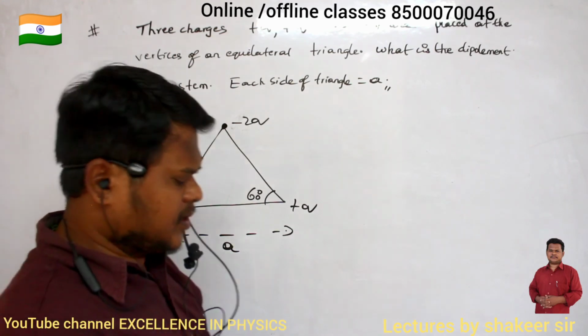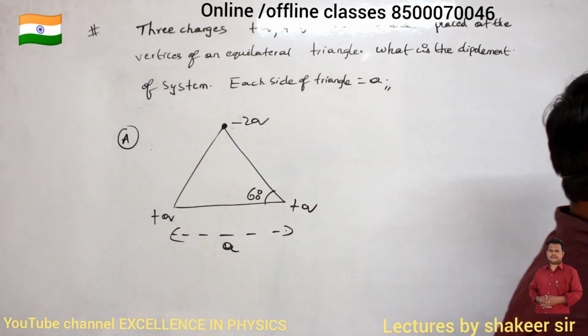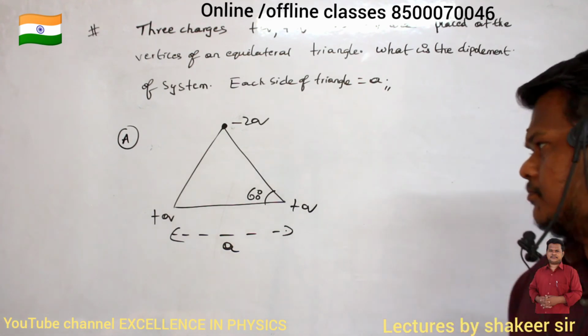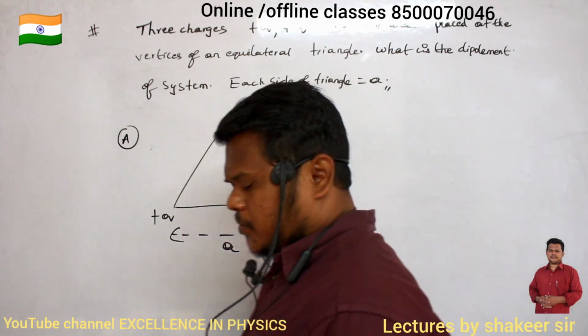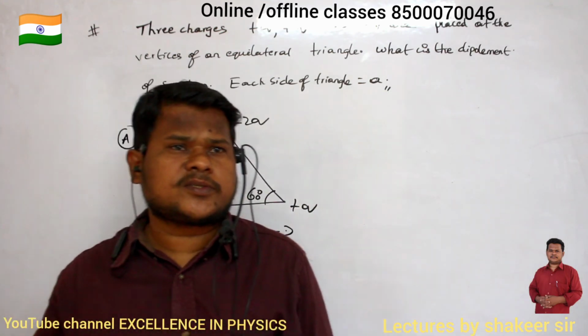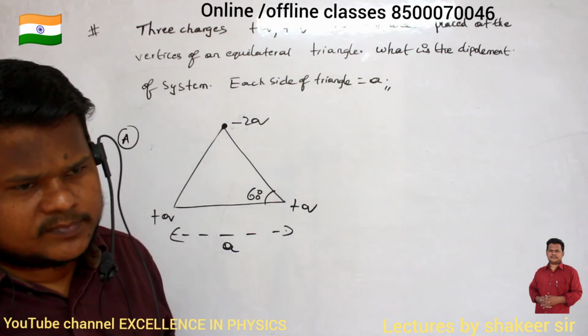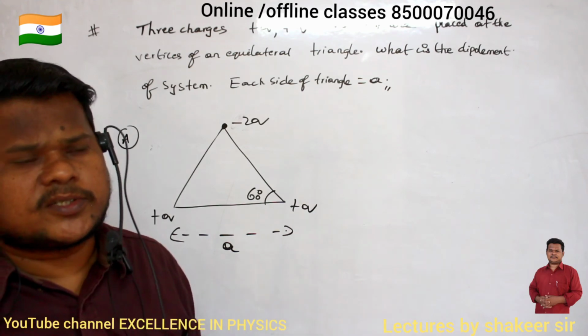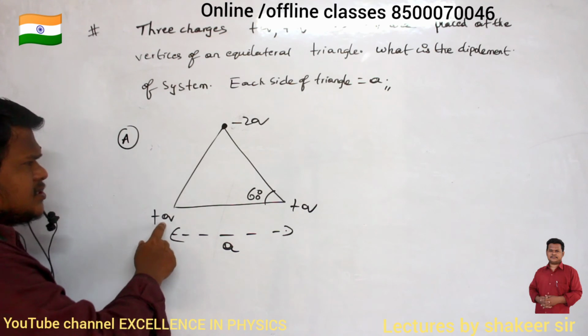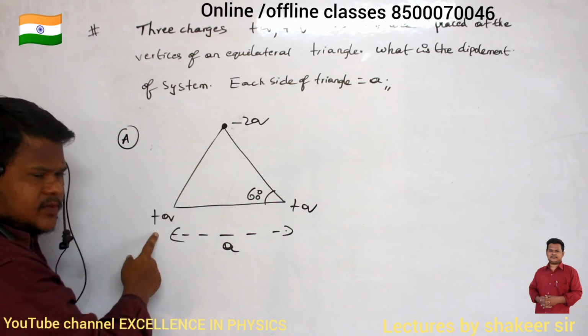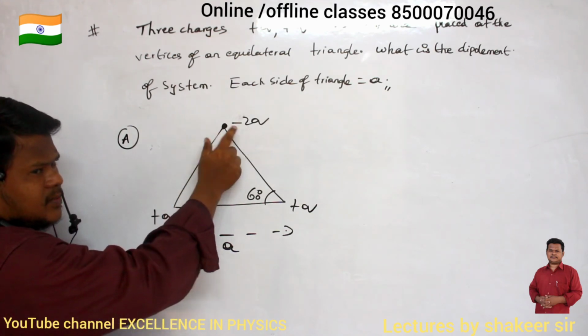So how can I calculate the dipole moment of this system? See ma, dipole means two charges should be equal and opposite, no? But here, are the two charges equal and opposite? No, this is plus q, this is minus 2q.